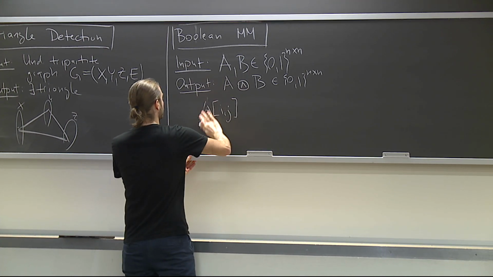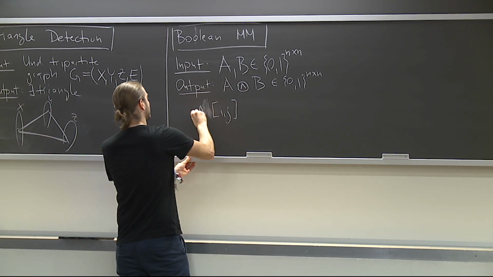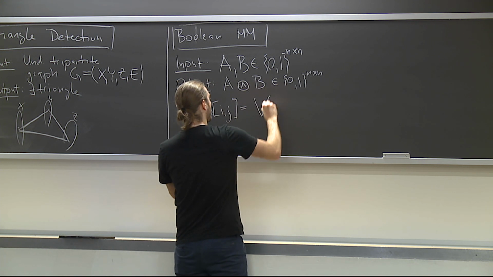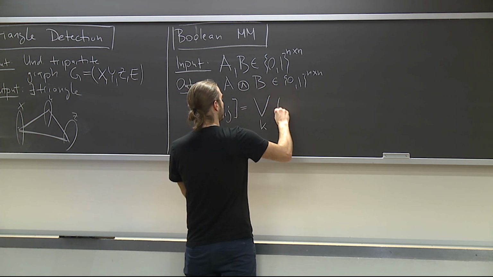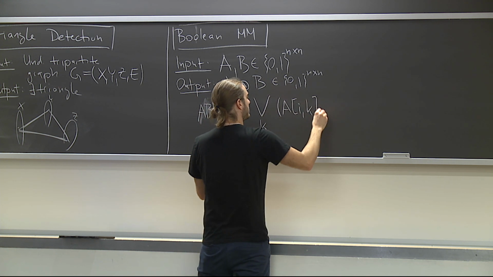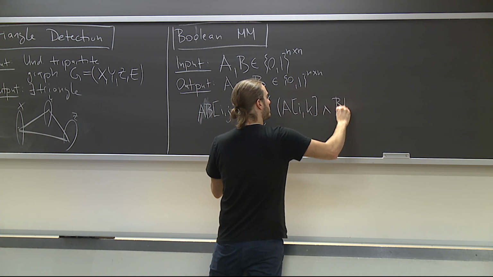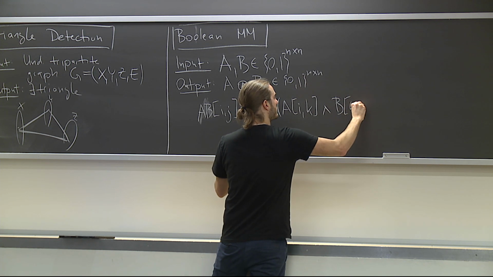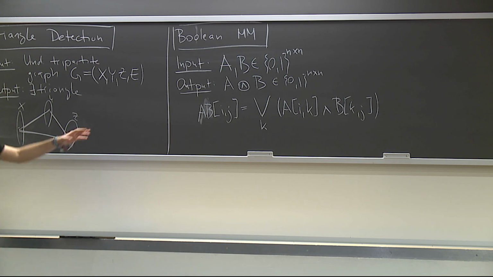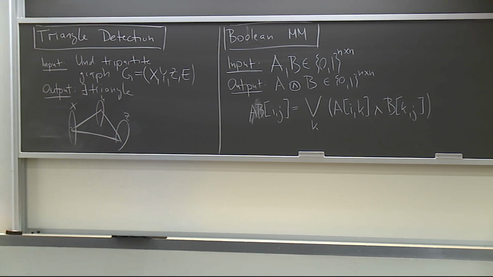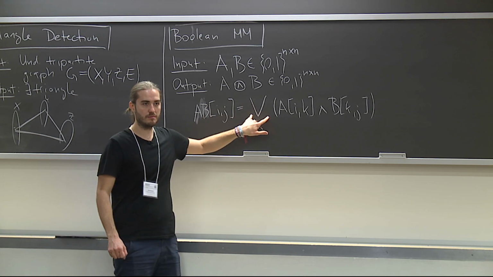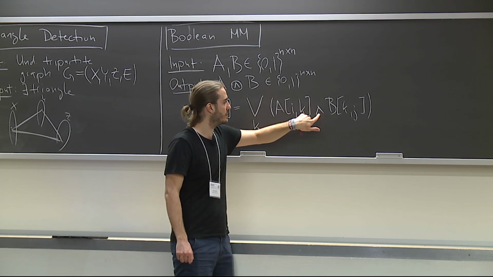The ij-th entry of the product is the OR of A_ik and B_kj. So if you compare that to the normal definition of matrix multiplication, we have replaced the sum by a bitwise OR, and we have replaced the product by a bitwise AND.